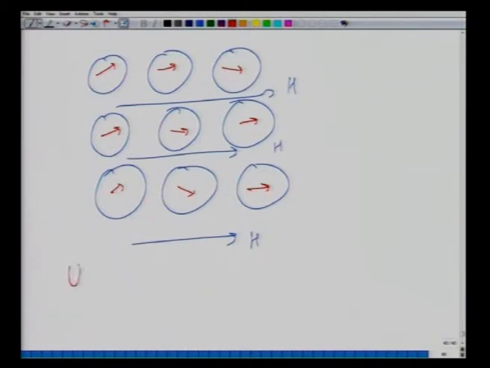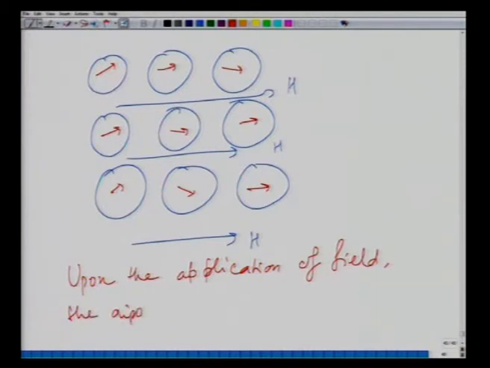So upon the application of field, the dipoles align. Now when you have this kind of picture, the material will have a net positive magnetic moment.